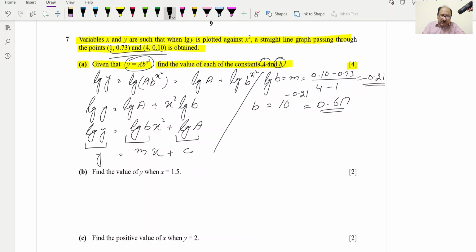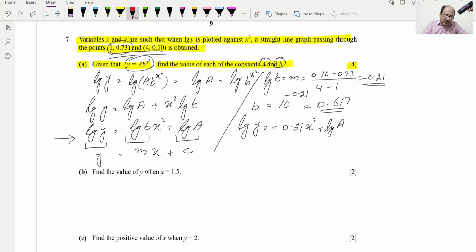Let me write the first equation so that you can understand better: log y is equal to minus 0.21 x squared plus log of a.